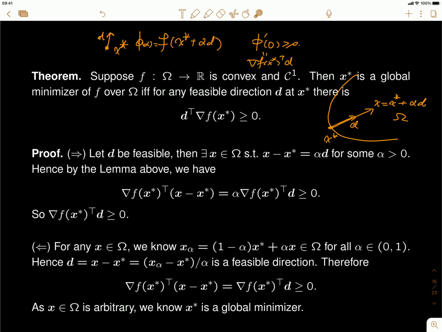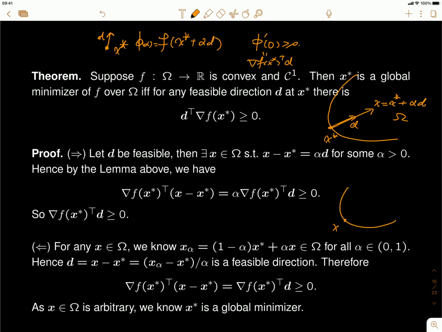To show that, let's consider any other point x. We want to show that f of x star is greater than or equal to f of x. So for any x, let's set up this x alpha, which is a convex combination of x star and x, as we did before. And then we know the x minus x star, so it's basically the same picture.